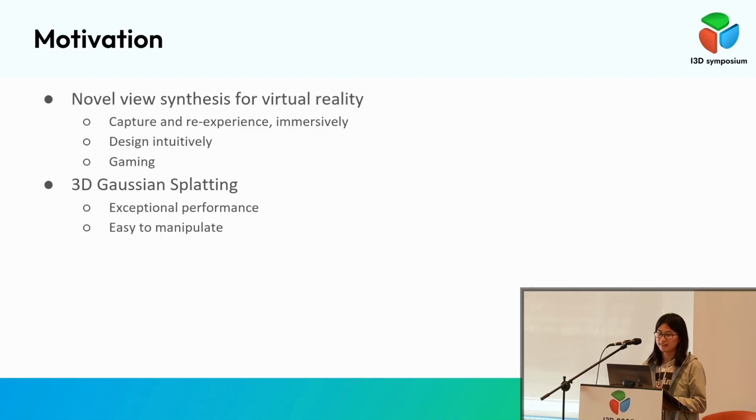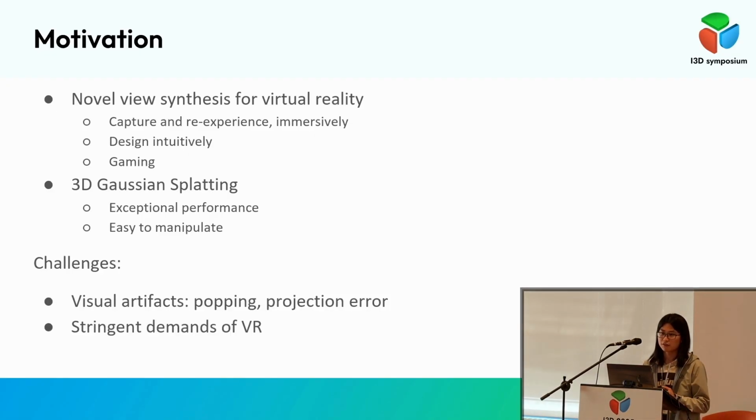And 3D Gaussian splatting has emerged as an exceptional novel view synthesis method. It provides very good performance, and its point cloud-like representation is easy to manipulate. However, there are several challenges directly applying 3D Gaussian splatting to VR. The first is visual artifacts.